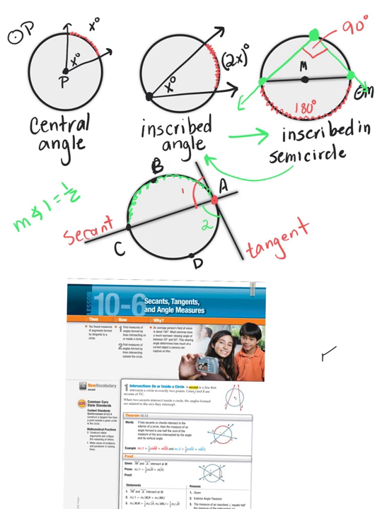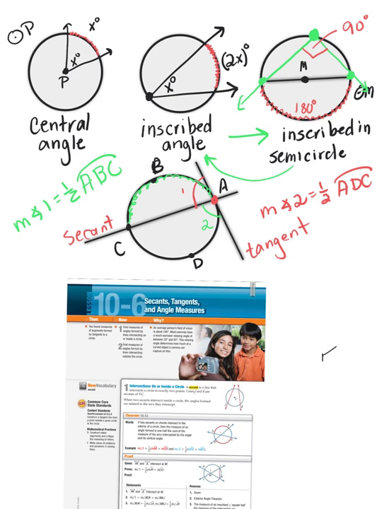So 1/2 of angle 1's arc would be arc ABC. And if I look at angle 2 over here, the measure of angle 2 is 1/2 the arc ADC.